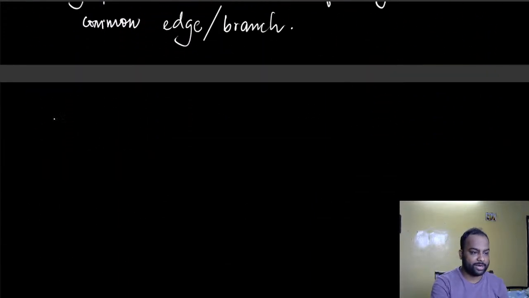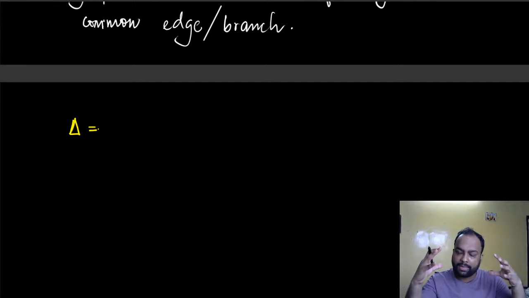That will be the most difficult task here, really. Calculating delta in Mason's Gain formula is the most difficult task. And let me assure you, once you learn this technique by heart, you can look at a very complicated block diagram, and it won't take more than 5 minutes to figure out the transfer function.